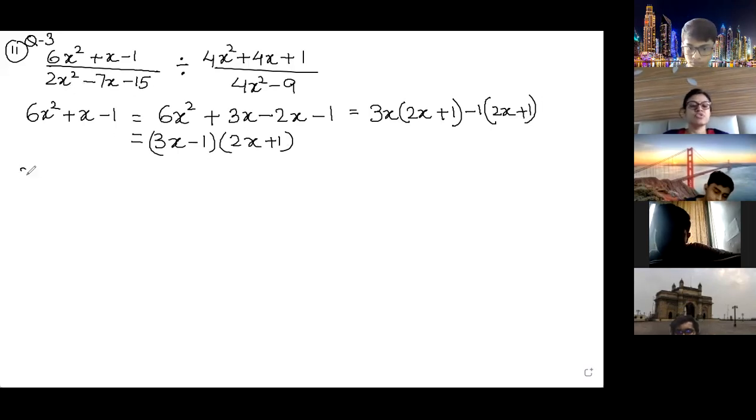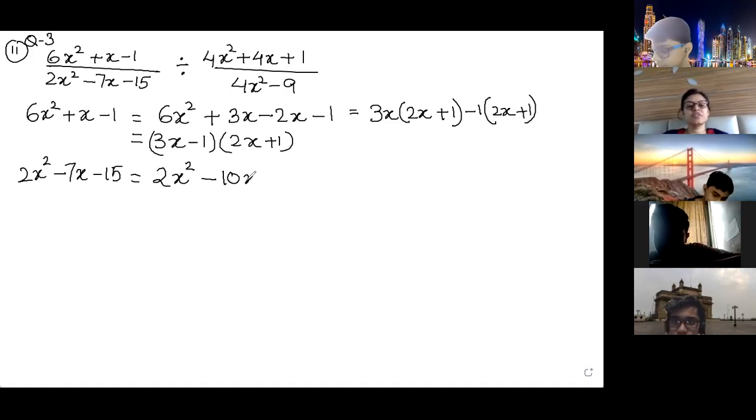Then factorization of 2x square minus 7x minus 15: 15 twos are 30. 10 threes are 30. 10 and 3, minus 7. So 2x square minus 10x plus 3x minus 15.